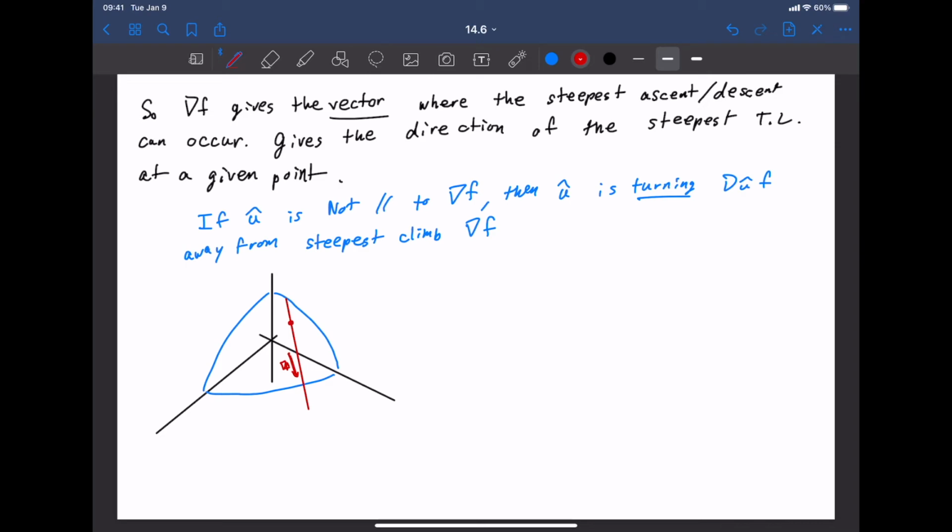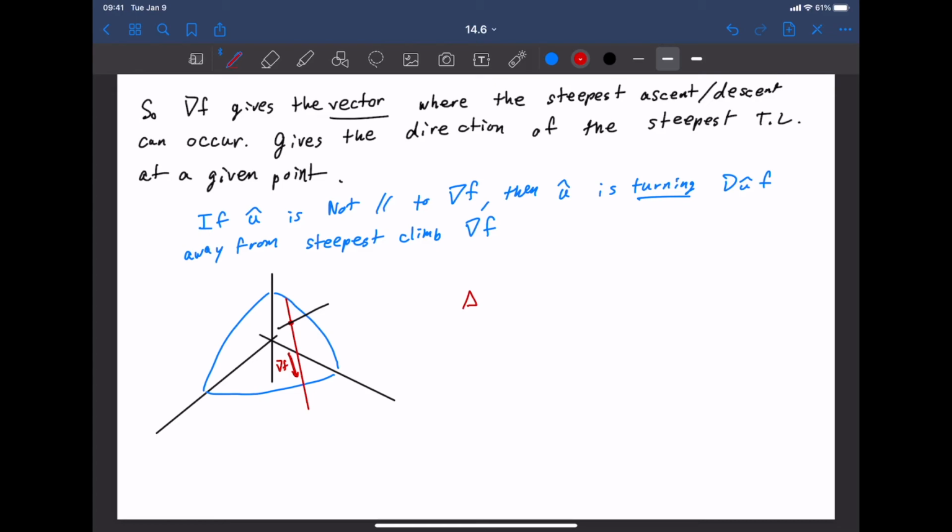And when I move my direction of travel, if I try to alter off the gradient, all I'm getting is a less steep tangent line. It's hard to draw, but just try to picture that situation. This hill is really flat if I walk along the x direction. Maybe it's flat if I walk along the y direction, but it's not flat in this one direction. There's a valley running through.